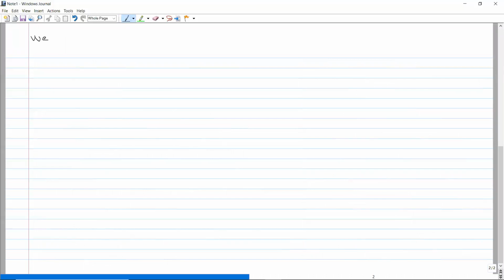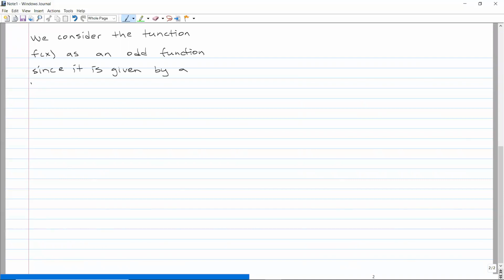So we consider the function f(x) as an odd function, since it is given by a Fourier sine series.